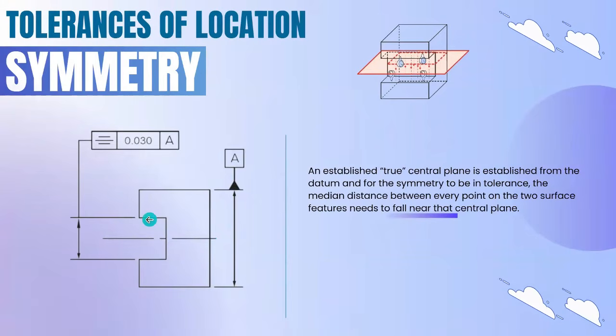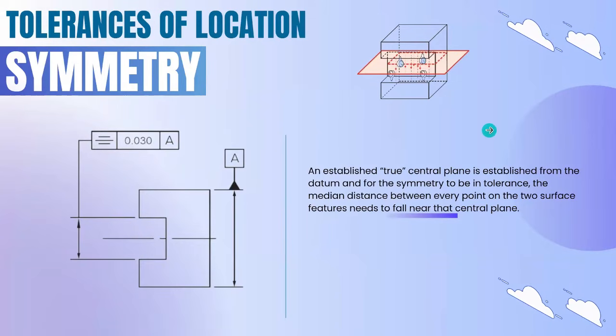For the same feature 2, here they have extended the line and given dimension, and they have given this feature control frame symmetry. So we have to consider this mid axis, the mid axis of this plane and this plane. Both the datum axis and this feature axis should be in line.